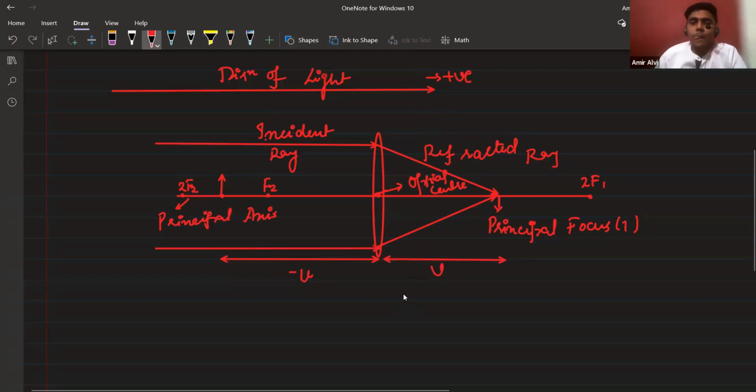Now, I'm moving in this direction to calculate the principal focus. For convex lenses, would the focus be positive or negative?